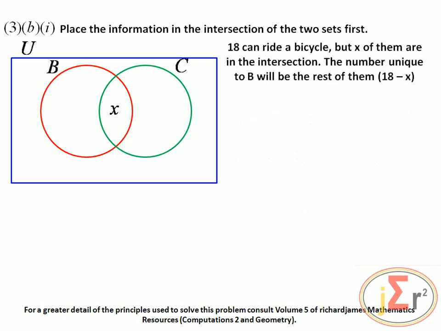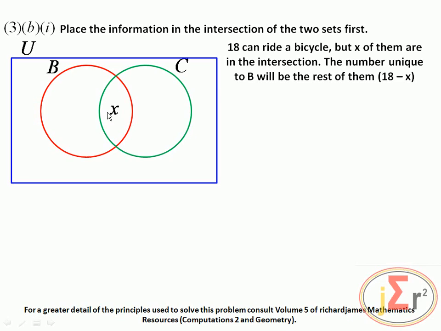18 can ride a bicycle, but x of them are in the intersection. The number unique to B will therefore be the rest of them. So 18 can ride a bicycle, and of course, x is already included in the intersection.